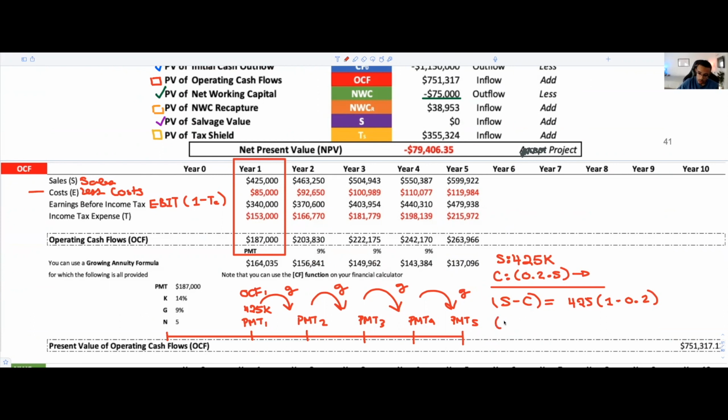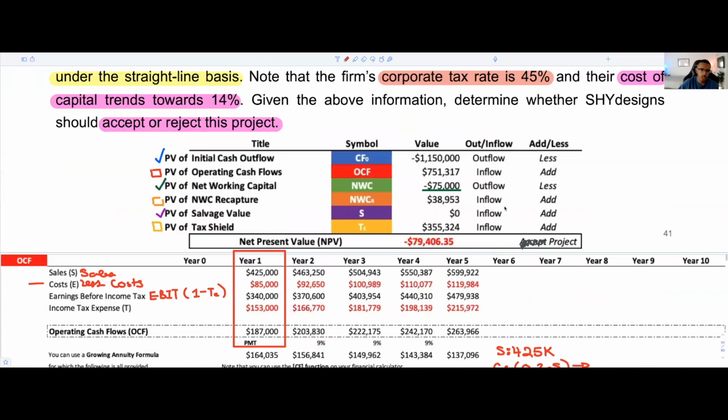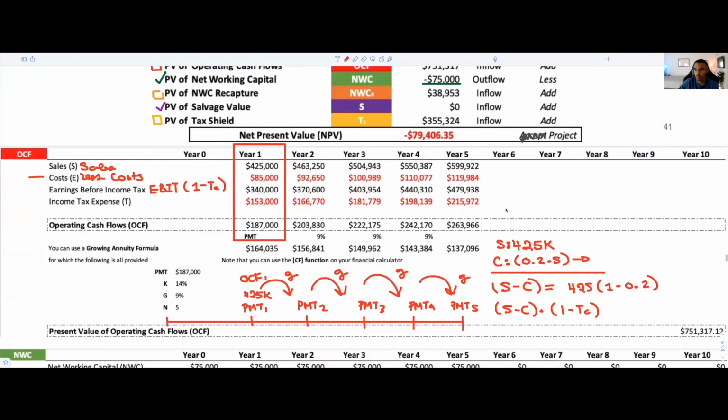And then you're going to take your sales minus cost and multiply it by 1 minus your tax rate. In this case, your tax rate, if I'm not mistaken, is 45%. So really what you're going to have, and I'm sorry that my solutions are kind of all over the place, is 425 times 0.8.